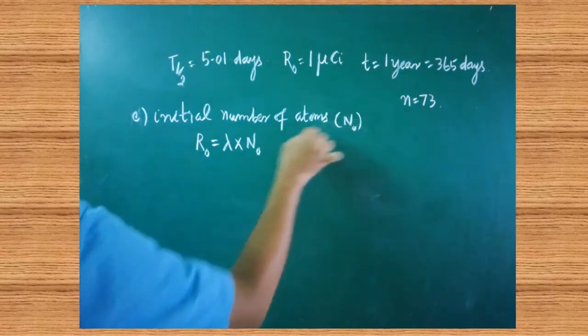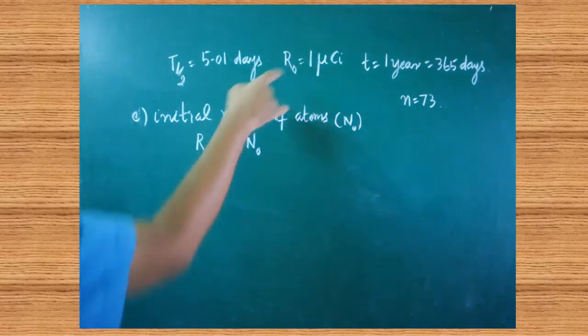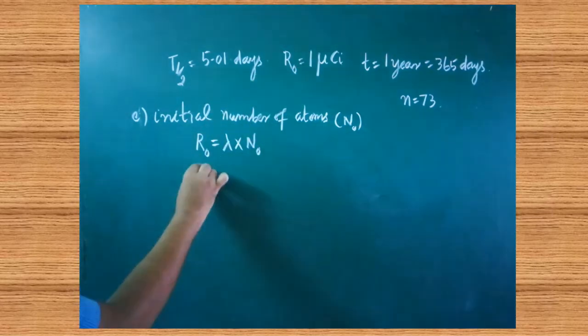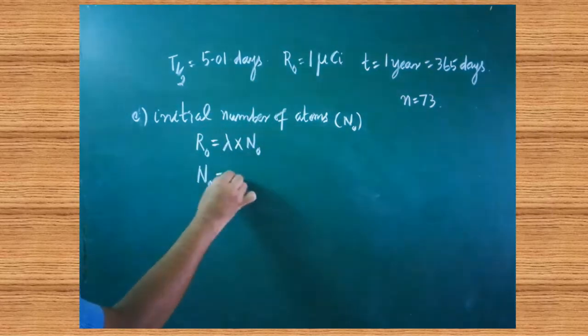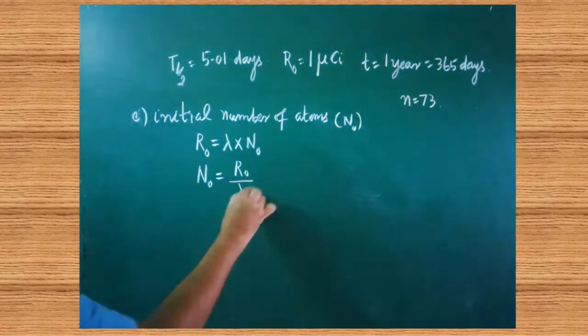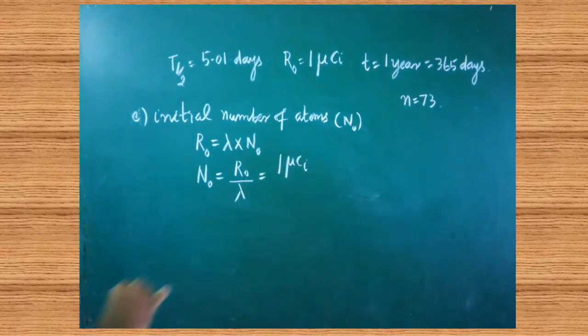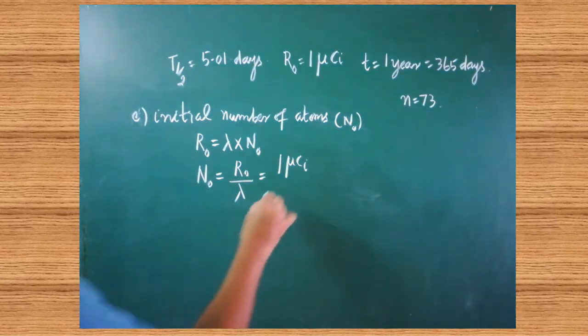Before the activity starts, some amount of atoms will be there, no? That is called N naught. So we know the value of R naught, already it is given, and lambda is also already known. Therefore N naught, the initial number of atoms, is equal to R naught divided by lambda. R naught is 1 microcurie, divided by lambda.